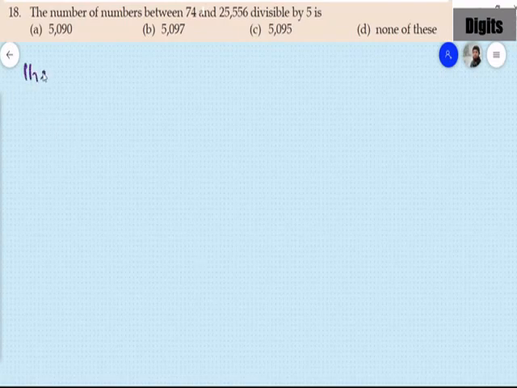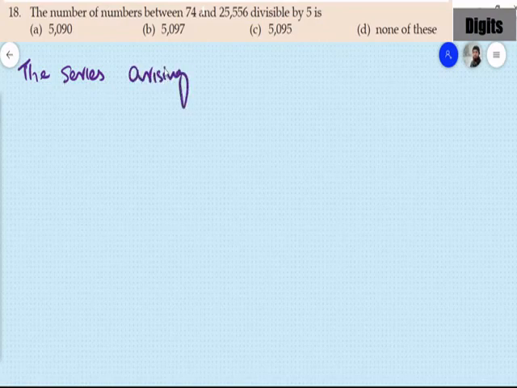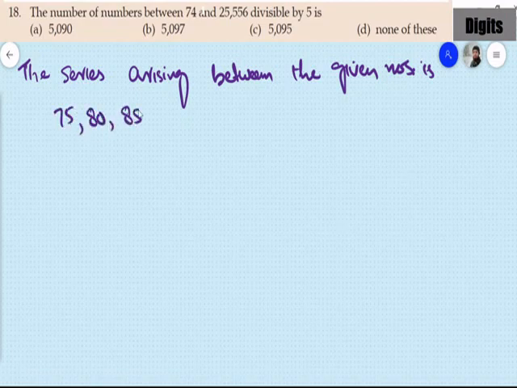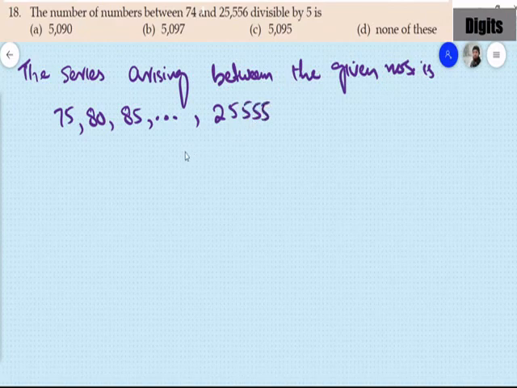The series arising between the given numbers is, we know it will be 75, 80, 85, and so on, and the last term of the series will be 25555.